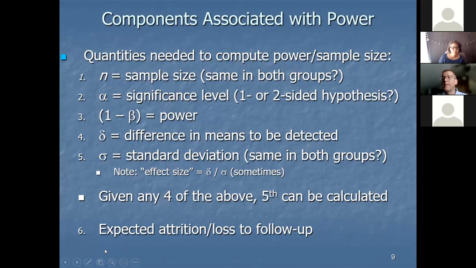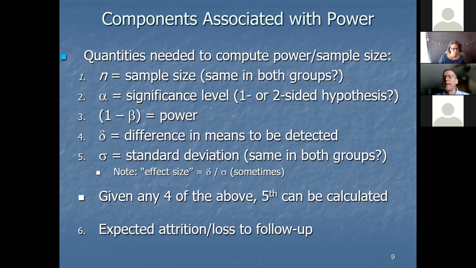What step 6 does is to say, after I've determined that, what sample size do I actually need to target, so that after I have any dropout or loss to follow-up or attrition, I get back to the sample size that I need?